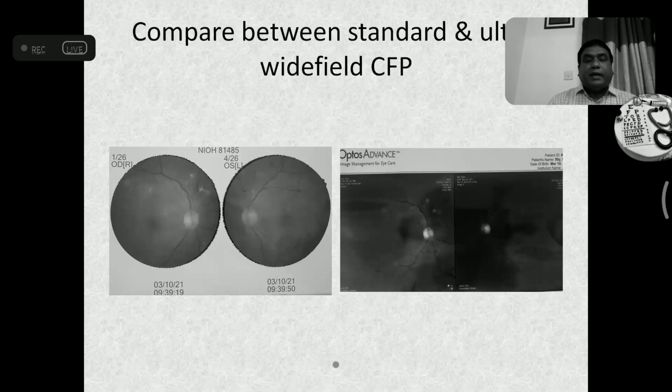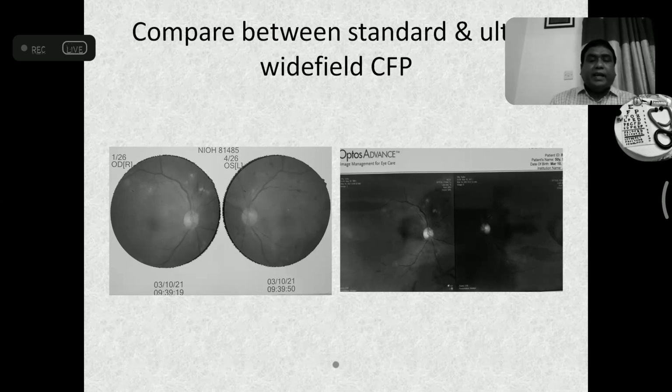This is the color fundus photograph from the standard fundus camera, and this is from the ultra wide field camera. Here, about a 200 degree field can be seen at a time, and it can also image the peripheral locations.